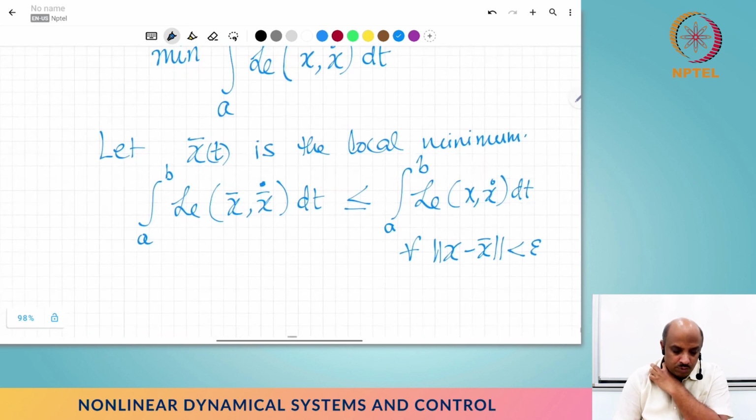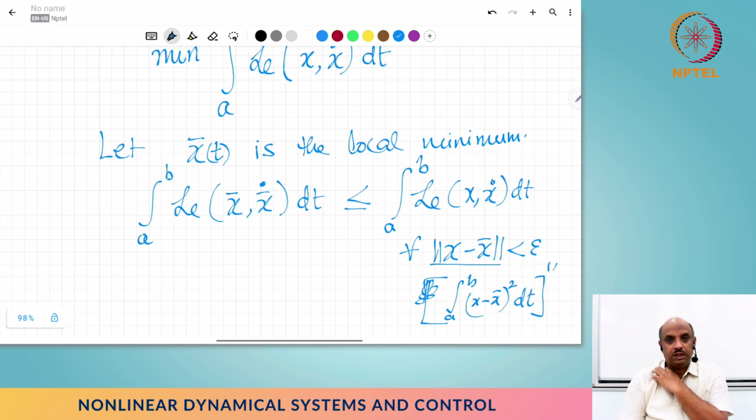Except basically this norm is defined over the function space. If you remember, this could be defined as perhaps the square root of the integral of a to b of x minus x bar whole square dt, raised to half. There could be many other ways of doing it.